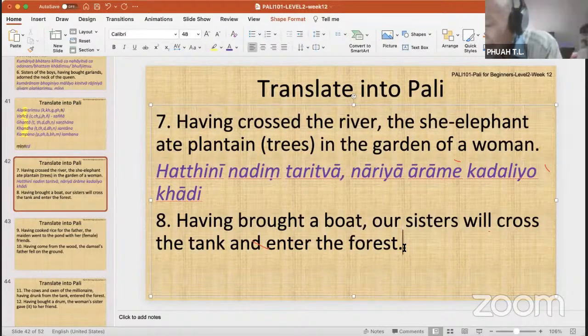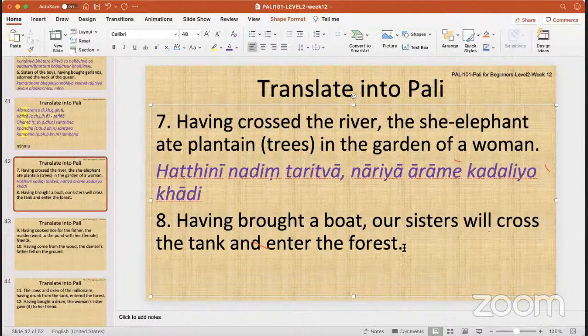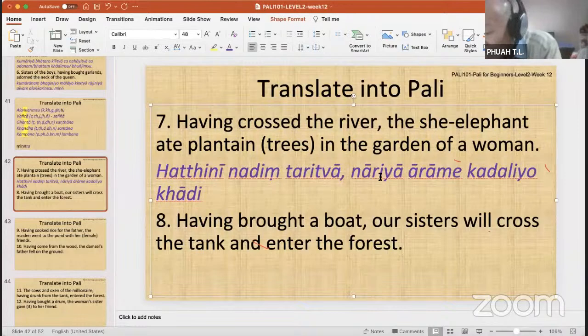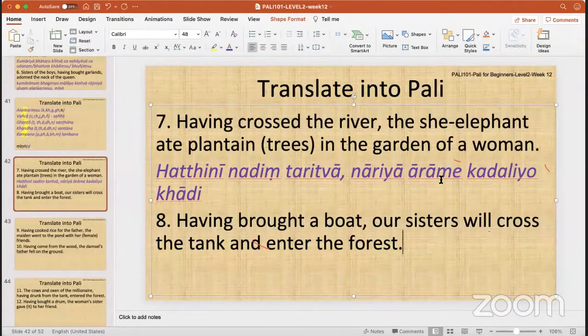Bhante, if I do it this way, is it correct? Hatini gangam taritwa aramamhi nariya kadalio bunji. Is it okay? Hatini gangam taritwa is okay, gangam is the same. And aramamhi is also correct, arasmim is fine too.